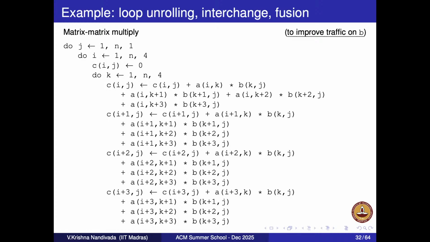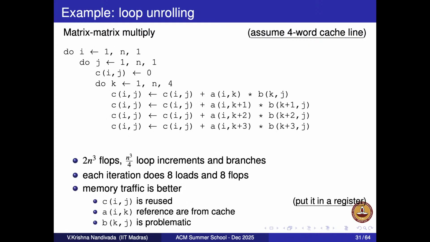So all four: C I plus 1, I plus 2 comma j equal to 0, C I plus 3 comma j. So there is a typo here. We are initializing I comma j, I plus 1 comma j, I plus 2, I plus 3. But there is something we did I want to go over. This I and j we interchanged. If I interchange, the loop will look like this.